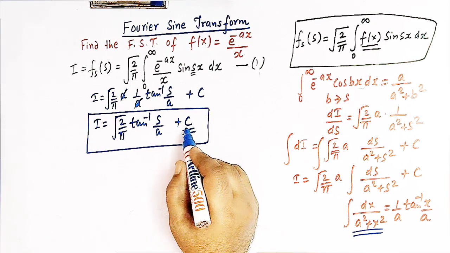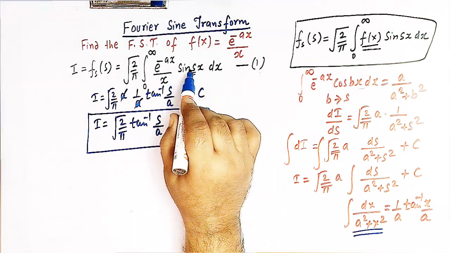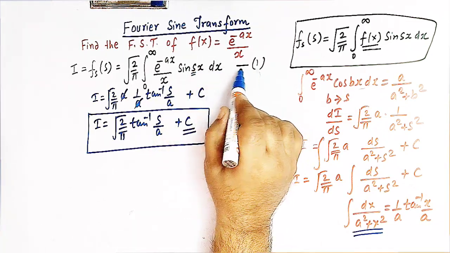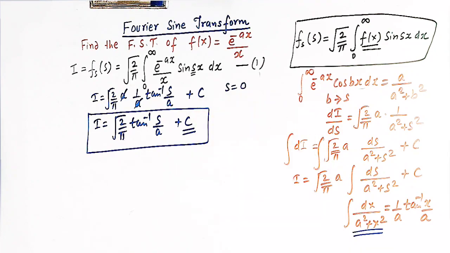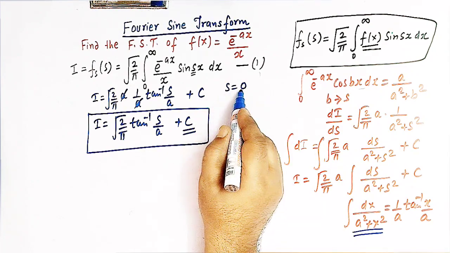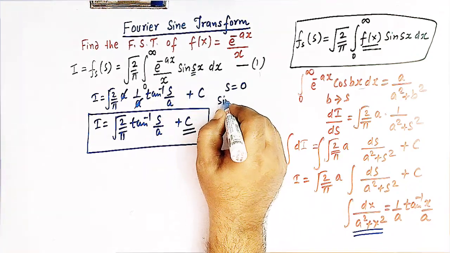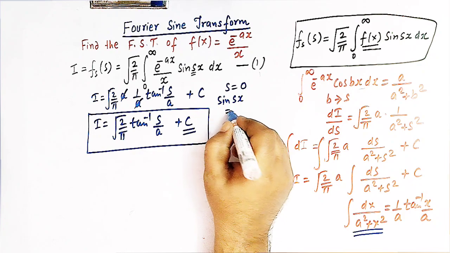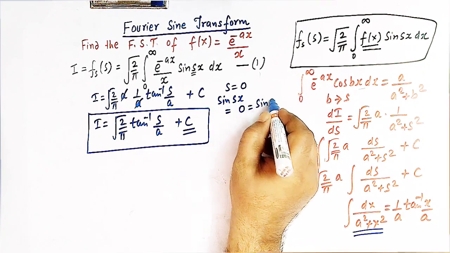So to get the value of this constant of integration, let us substitute in equation 1 s is equal to 0, right? So when s is equal to 0, then sine sx is equal to 0, because we have sine 0.